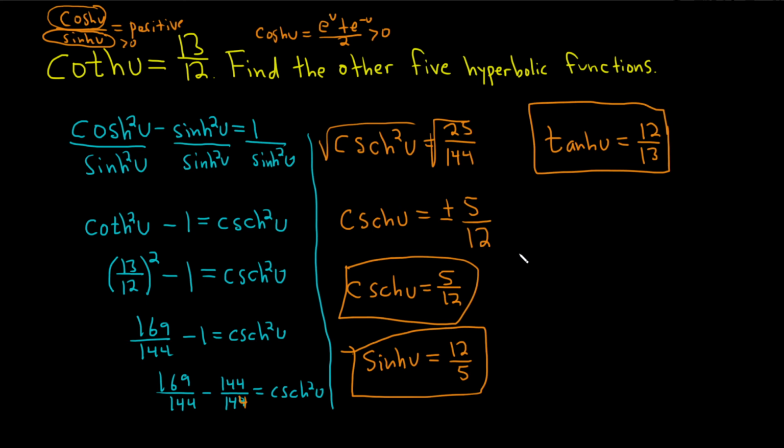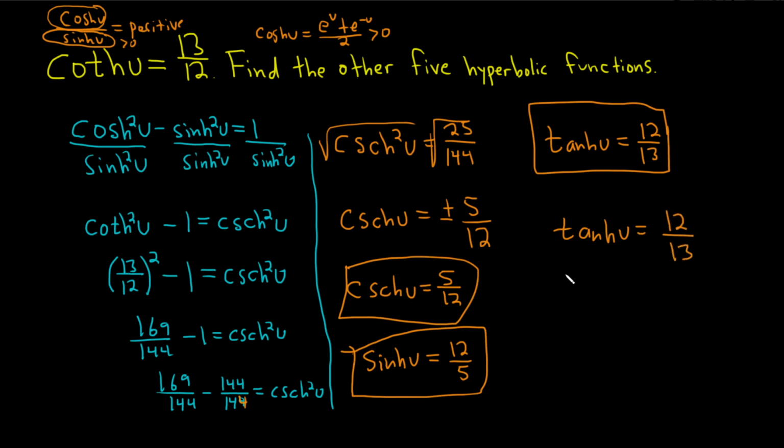And what's left? Looks like we're missing the hyperbolic cosine and the hyperbolic secant. In order to find the hyperbolic cosine, we could use this. So hyperbolic tangent is equal to 12 over 13.